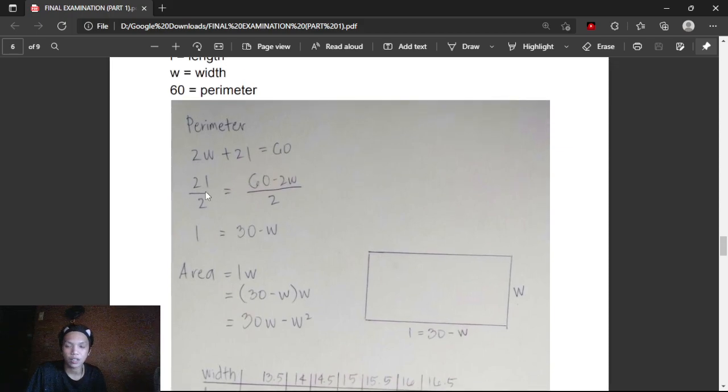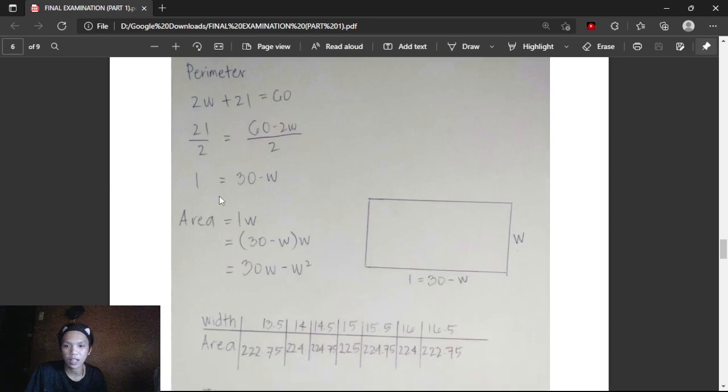So we divide by 2, because it has two sides each: 2 widths and 2 lengths. So 2L divided by 2 equals 60 minus 2W divided by 2, and we get the answer: the length is 30 minus W.